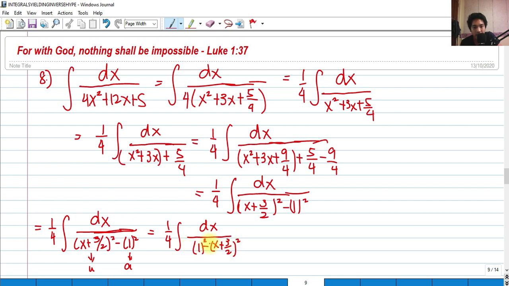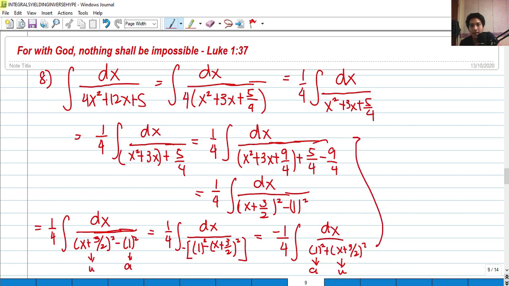This is squared also. But I have a negative outside this, so that this is still equal. So we compensated the negative. We can factor out the negative so that it becomes negative 1/4. So that we have integral of dx all over 1 squared plus x plus 3 halves squared. So this is our a and this is our u.